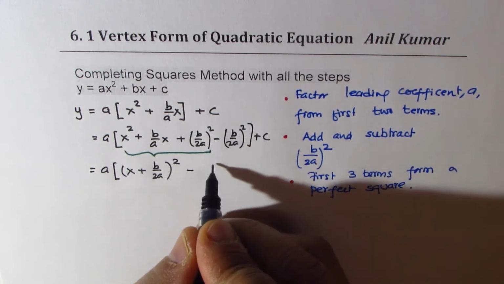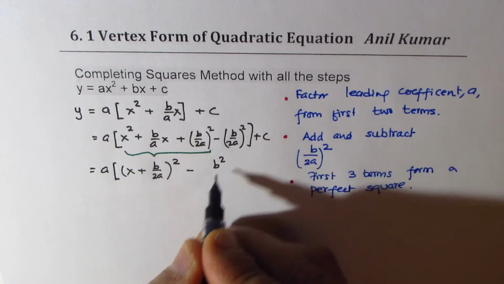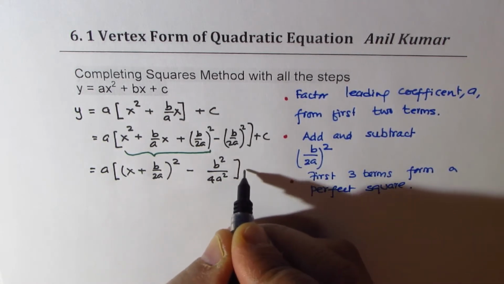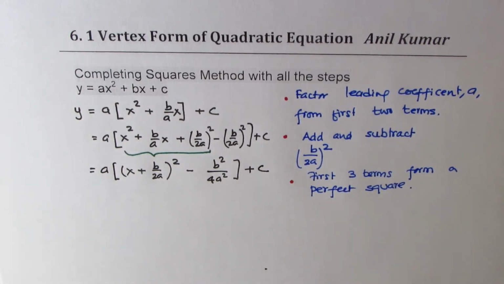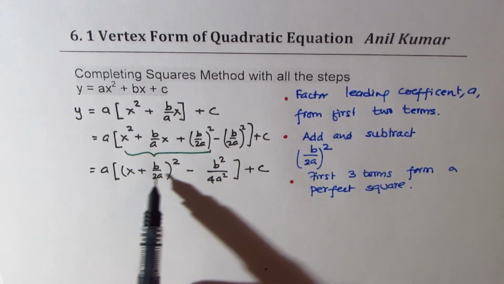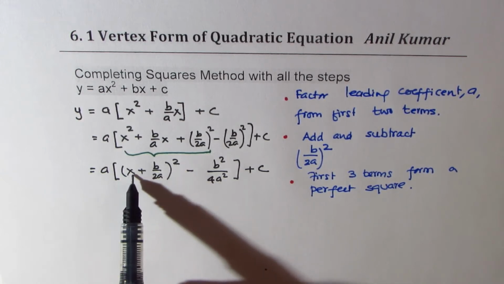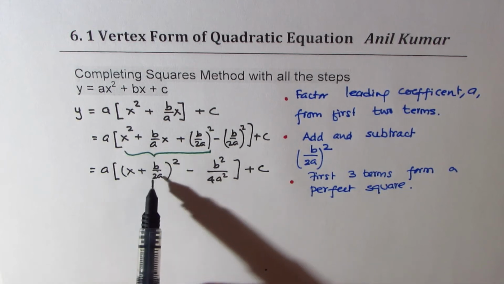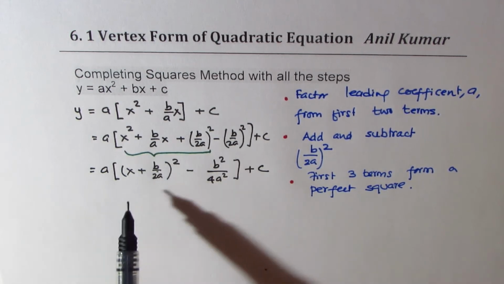So let me rewrite this as b squared. I am now opening this bracket, exponent. We got 4a squared, clear? Plus c. So if you expand this binomial term, (x plus b over 2a) whole squared, you get x squared plus twice these two, that will give you the second term, and then the last term squared. Got it?